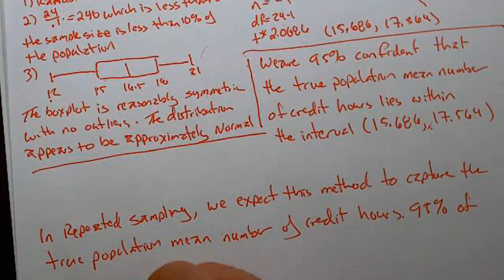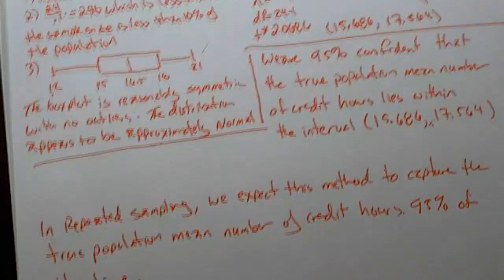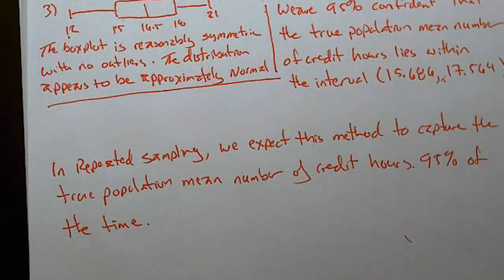Once again, here you are just telling them how great you are. Our thing works 95%. If we did this a bunch of times, if we did it a million times, it works 95% of the time. We're also saying it doesn't work 5% of the time.